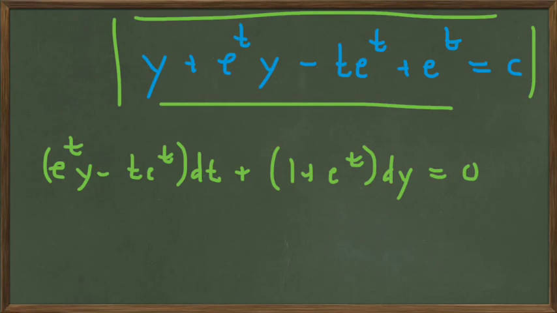Are we convinced it's a solution if we take the partial t of it?